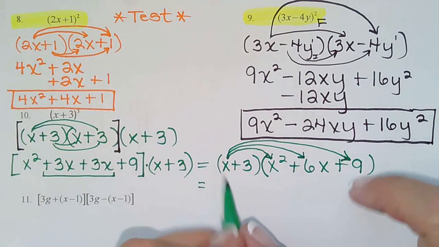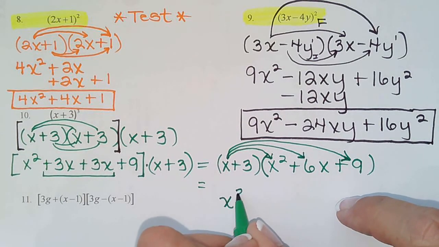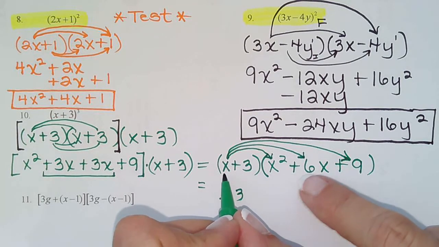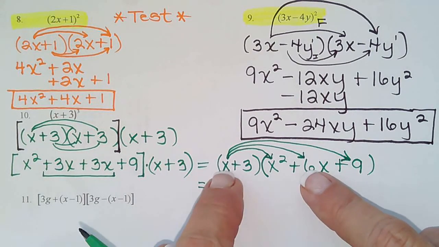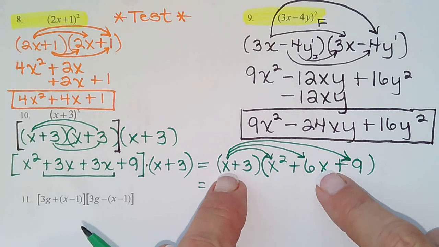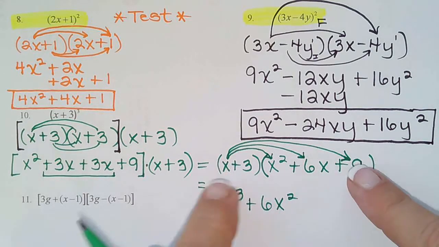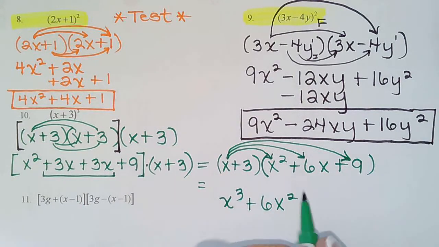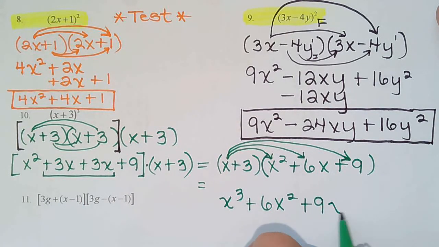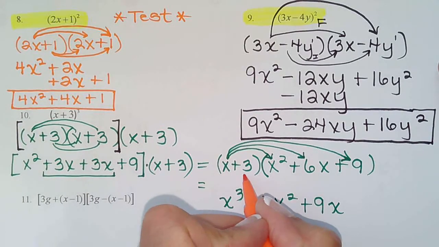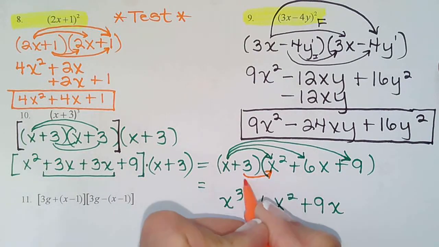So first times first, we get x to the third plus 6x to the second plus 9x. Then I have to take the second term times each of these.